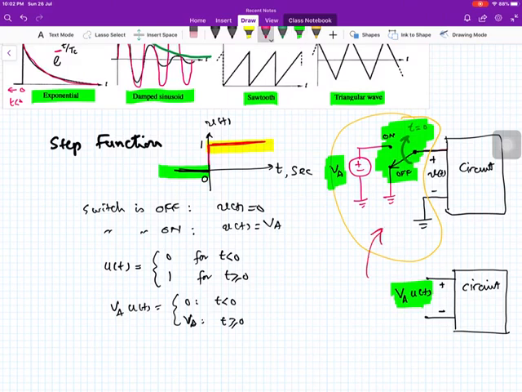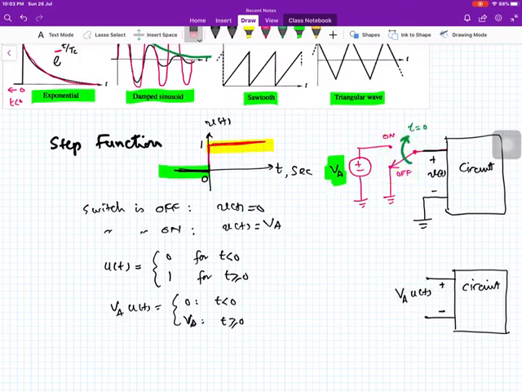Either we show the switch or we write VA u(t), both have the same meaning. We will be using this VA u(t) in the following discussion in circuit analysis, just to show as if we have a switch which is moved from off position to on position at t equal to 0.